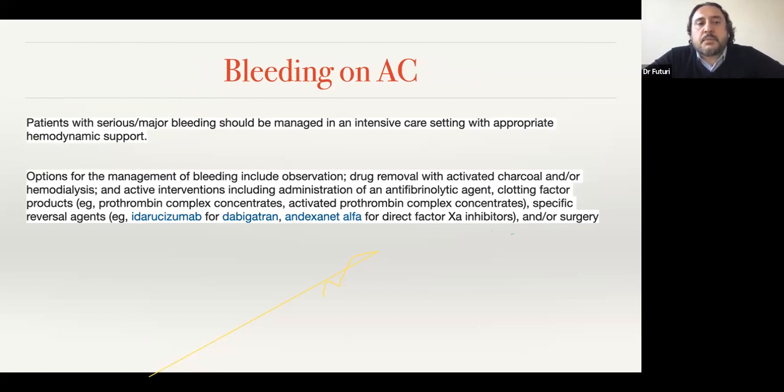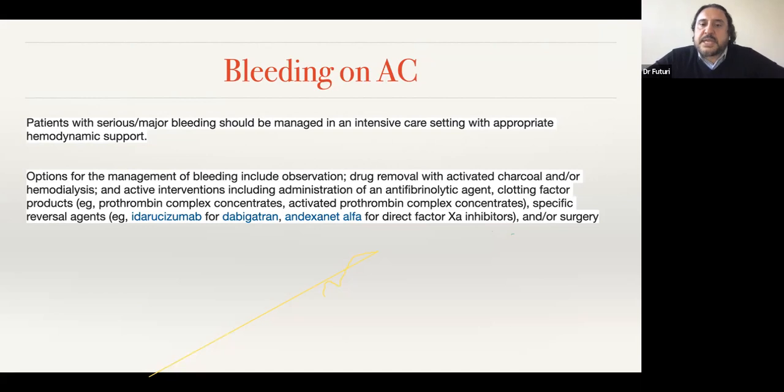And so when you're seeing a serious or major bleed, we recommend intensive care setting, hemodynamic support, blood transfusions, and then working on reversing these agents. Now, some of the newer agents, one of their major issues is that if you have a big bleed, it is hard to reverse these.